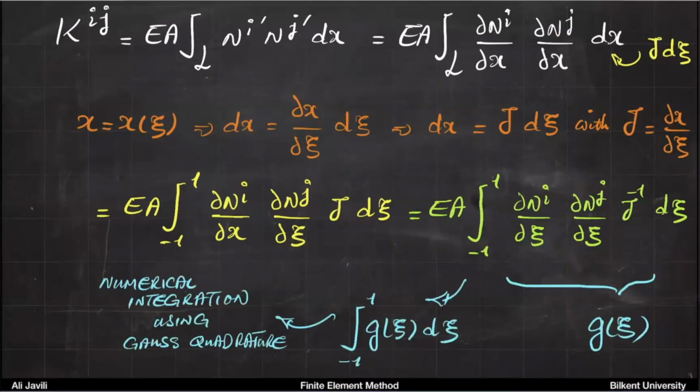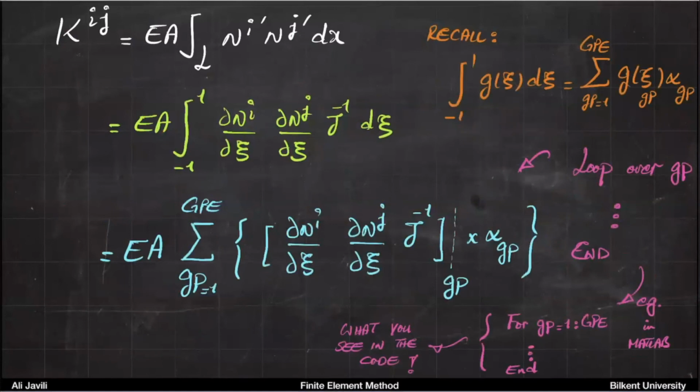So once you have that thing, that's a function of c, and all you need to do is to use the Gauss quadrature rule, or to numerically integrate that using your Gauss quadrature rule. And that's exactly what we do. So this integral, which was in the physical space, so let me maybe write that here.